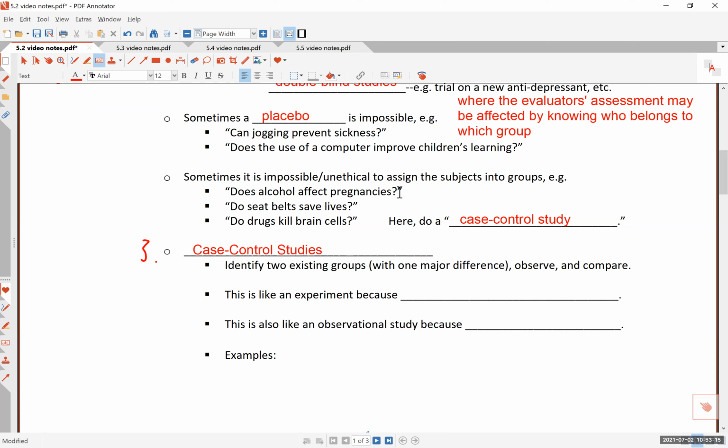And you cannot make pregnant women drink, but you know that certain pregnant women do drink by their own choice, and many others don't. So in your study of pregnancy and alcohol, you study those pregnant women who drink alcohol and the ones who don't. Okay, so these are two existing groups: the ones who drink and the ones who don't, while they are pregnant. So you can compare those two groups.